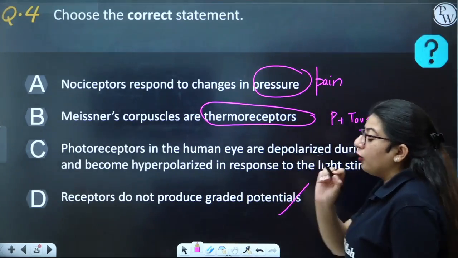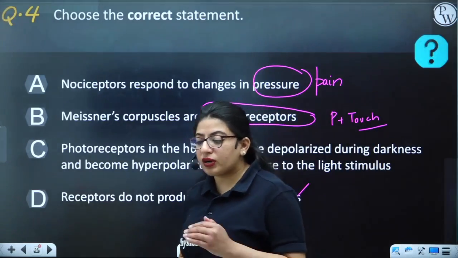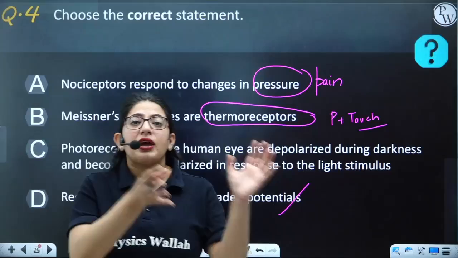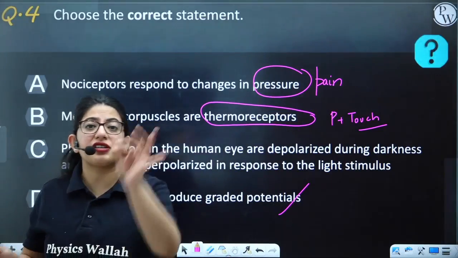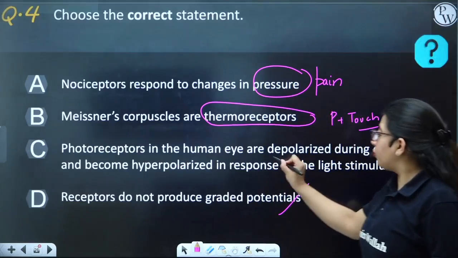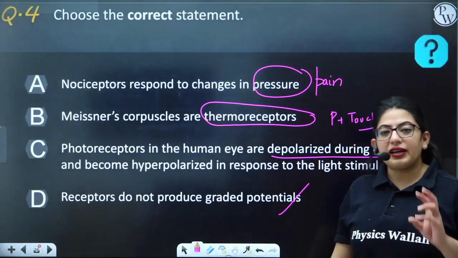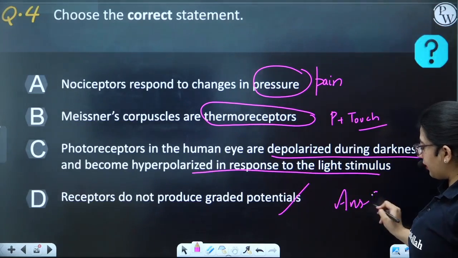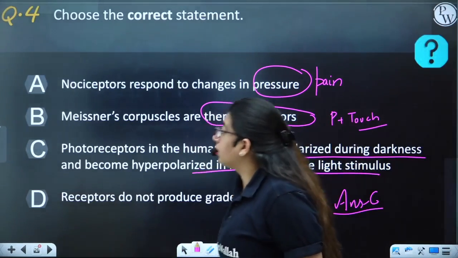Yes, they do respond to graded potential. What is a graded potential? That is a change in the potential difference. Because there is a change in potential difference, that is why they're getting depolarized. They are getting action potential. So yes, I've told you during darkness, your eye gets depolarized and during light, it gets hyperpolarized. So the answer is C.